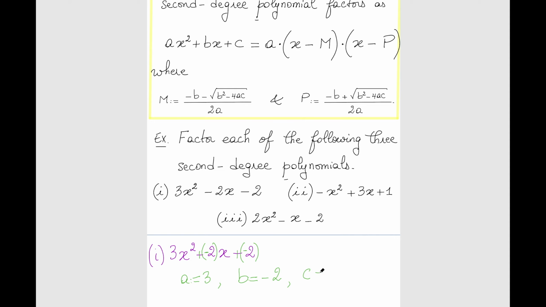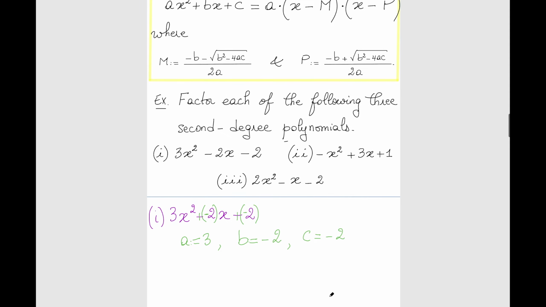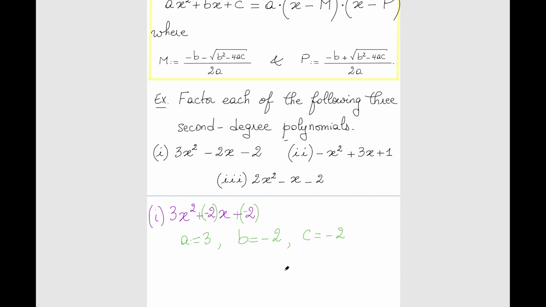So c is -2. Correct? All right, so I'm going to use the quadratic formula with these choices, a, b, and c.